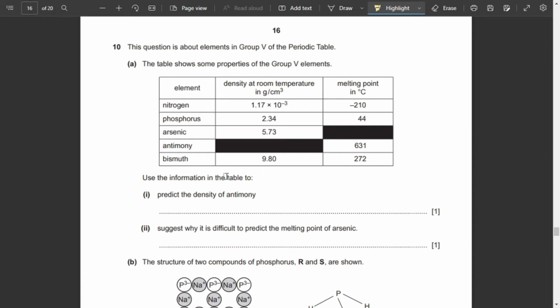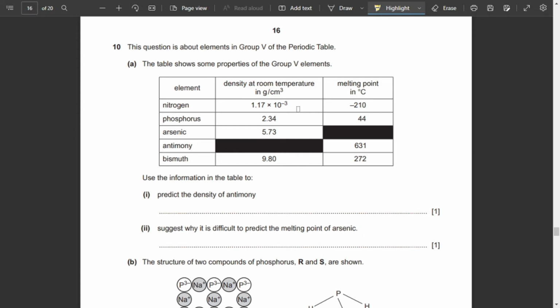It's not that you need to be at home learning every element's density. No, you are not supposed to do that in these kinds of questions. All you need to do is go through the table and see the set pattern, the trend. These are all from group 5.